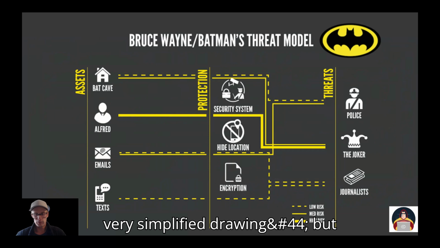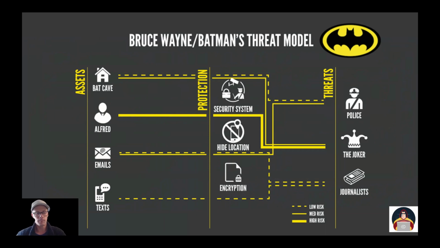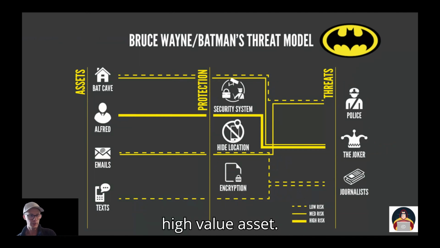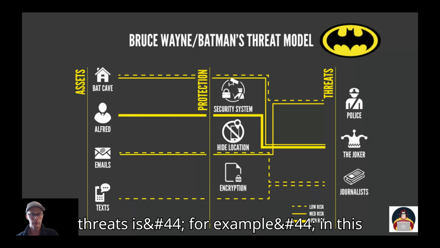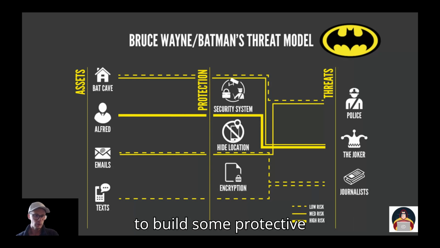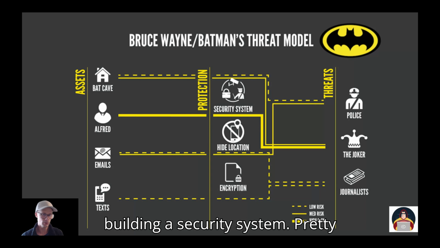This is a very simplified drawing, but basically we can see that Alfred here is a high-value target, or high-value asset. Threats towards Alfred are, for example, in this scenario, the Joker, and then we need to build some protective mechanisms and hide locations so the Joker cannot get to Alfred. So we're building a security system.